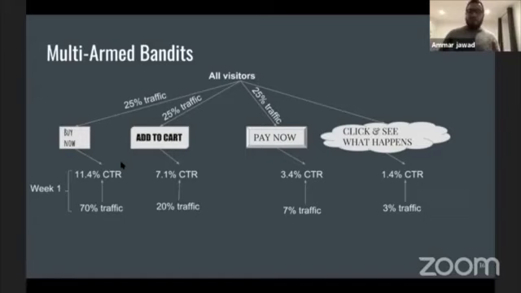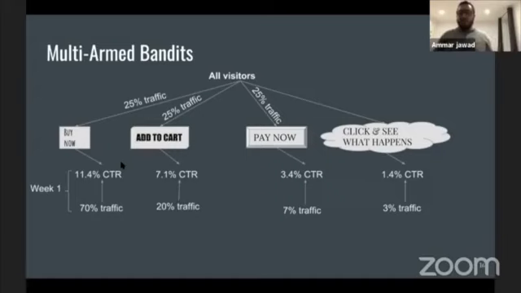So the really cool thing with Multi-Armed Bandits is it dynamically sends through more of the traffic to better performing buttons and less so to lower performing buttons. And let's say if on week 2, it was the add to cart call to action button that ended up being a top performer, it would again direct more traffic to that.